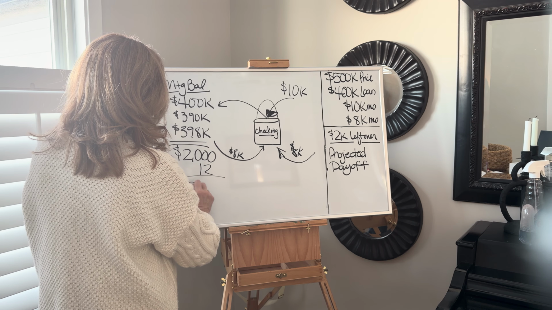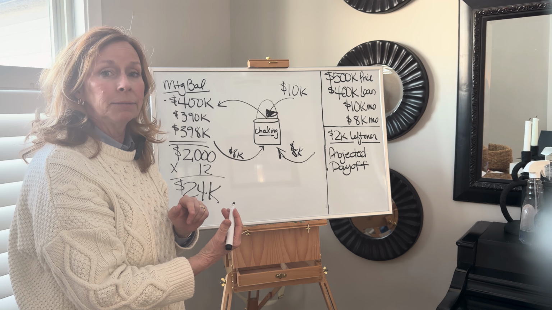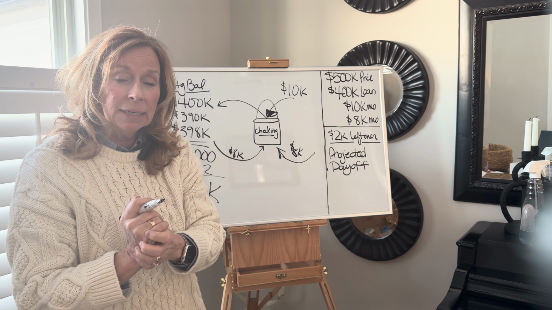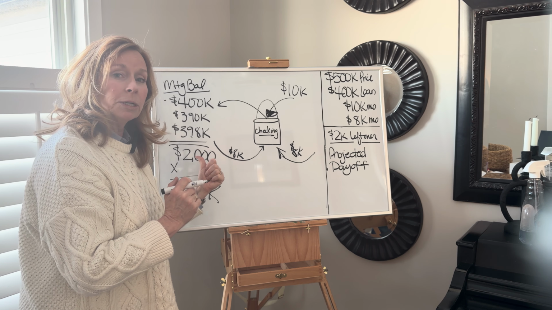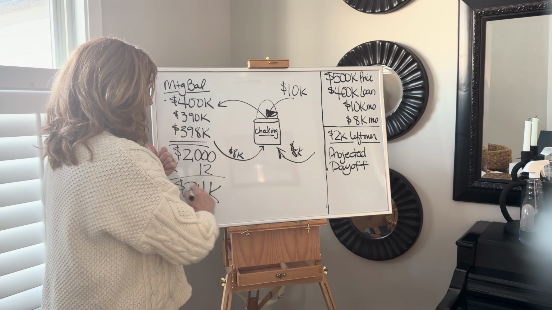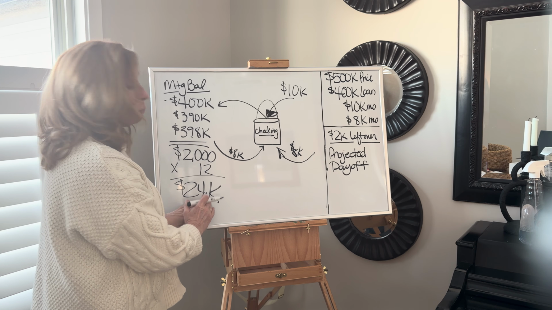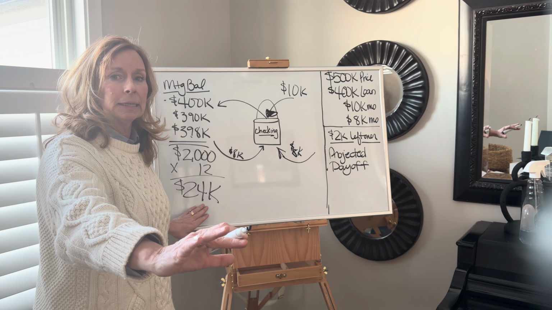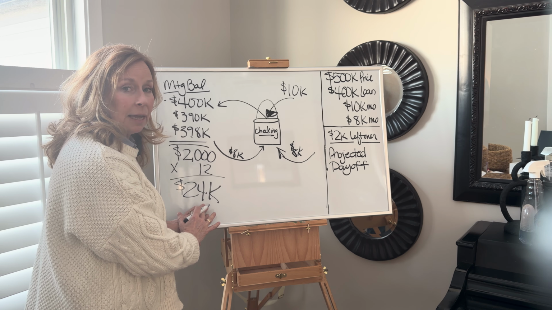We have $24,000 that we have paid the mortgage balance down, and that is now equity for you, right? That's your money. You've paid that down on your mortgage balance. You have access to that at all times. So let's say you need to put on a new roof, you have unexpected medical expenses, anything. You simply write a check and you have access to this at all times.